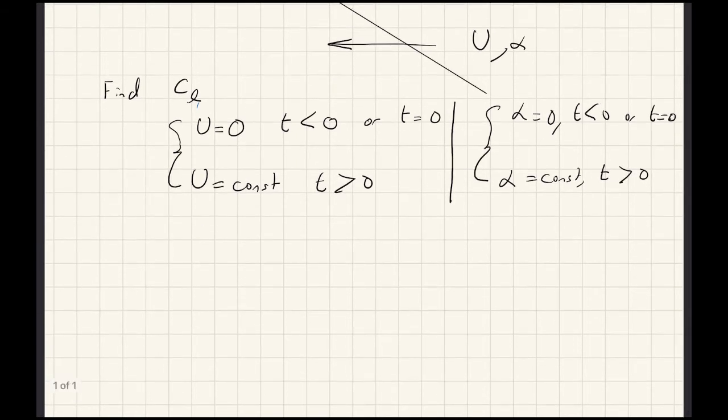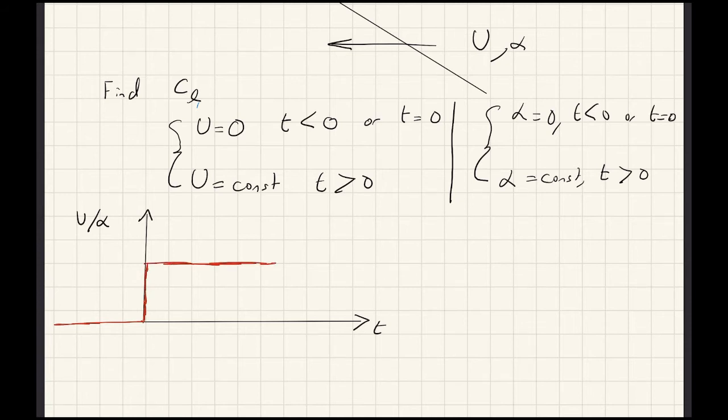And this input looks something like this, where let's say this is t, and this is U or alpha, at any time prior to 0, you're at 0, and once you get to t equal to 0, you have some constant, either free stream or angle of attack.